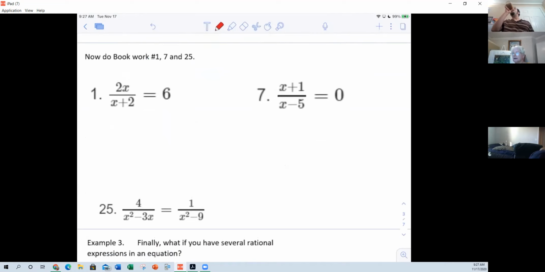I'd love to have people volunteer to do a problem. If you'd be willing to do that, that would be great. So everyone spend a few minutes doing these 3 problems.